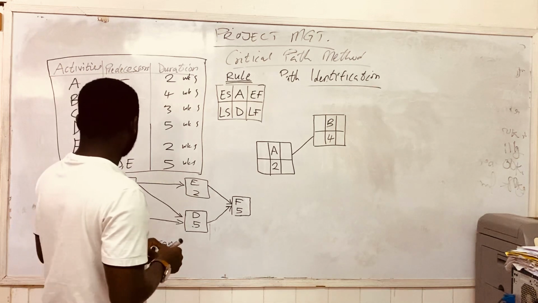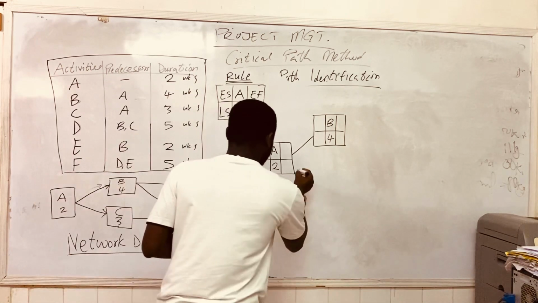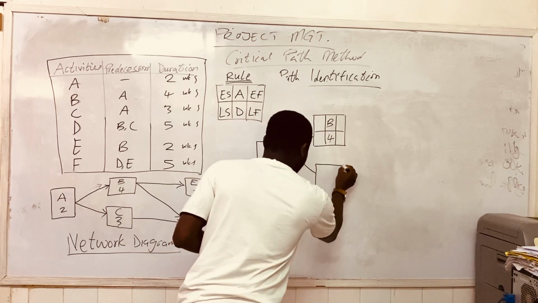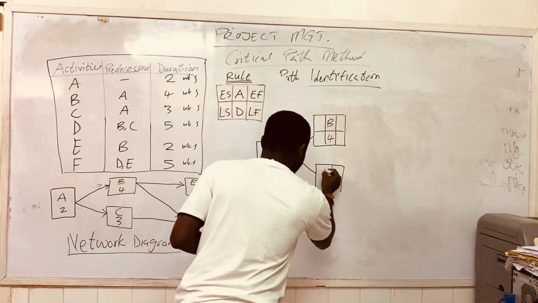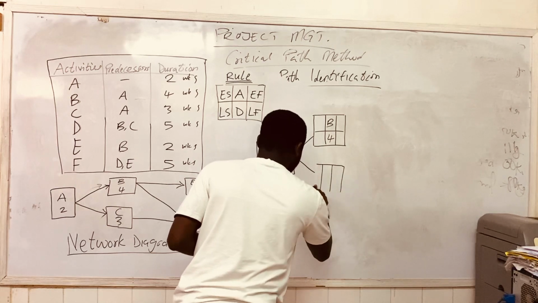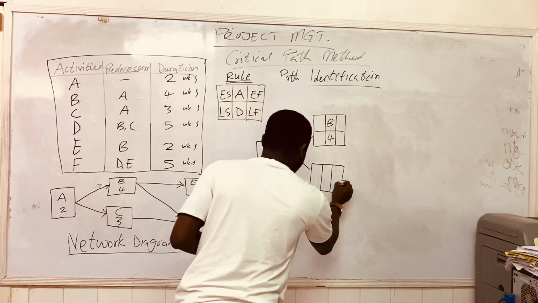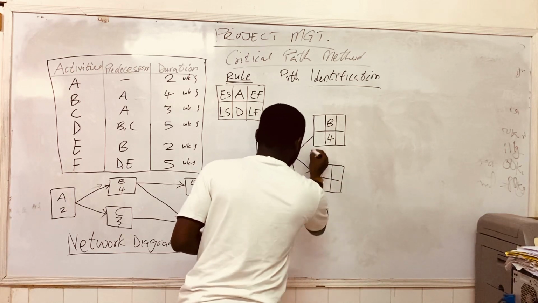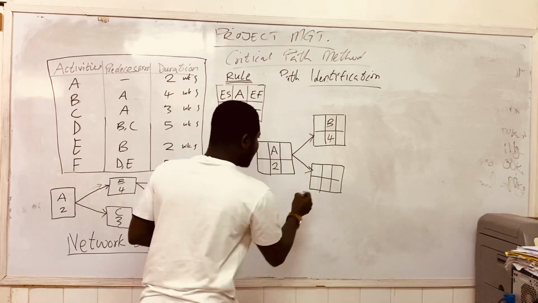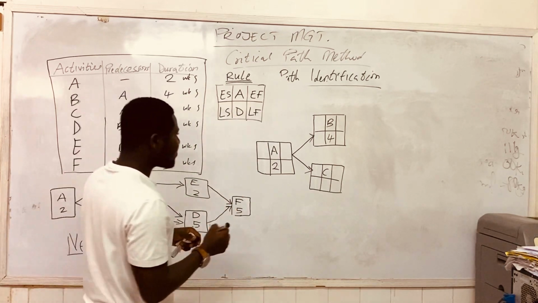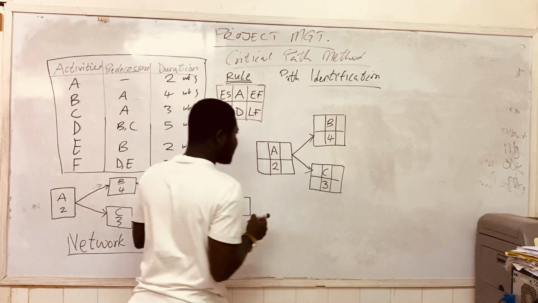Then we have activity C, which also comes here. Please forgive me for my diagram. It's not drawn to scale, so it's going to be like this. So activity C is going to take us 3 weeks.